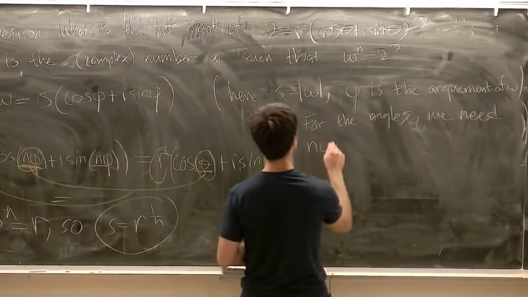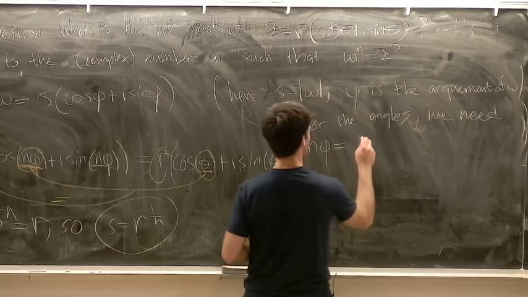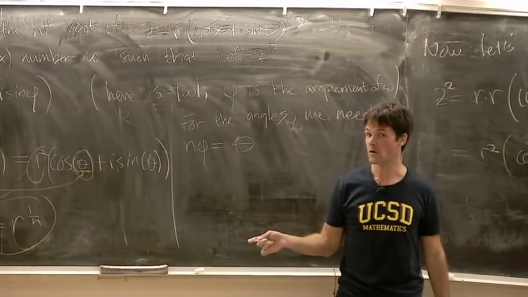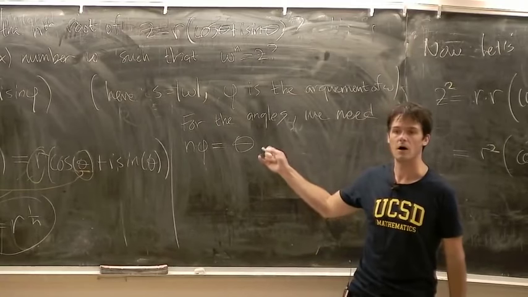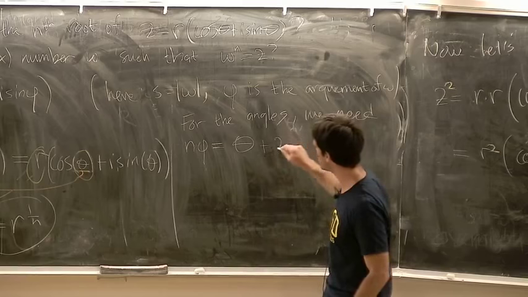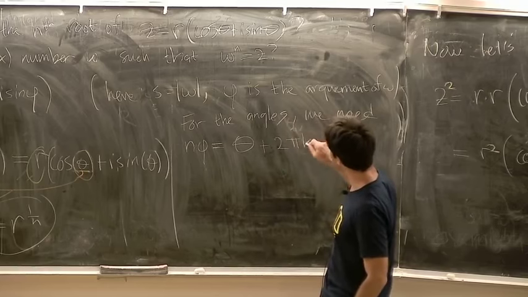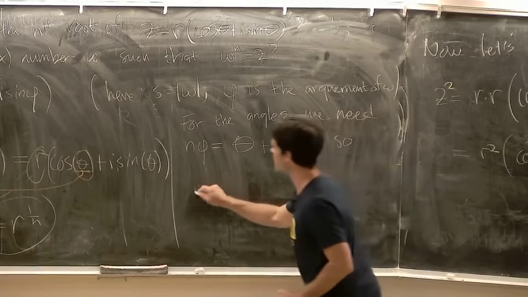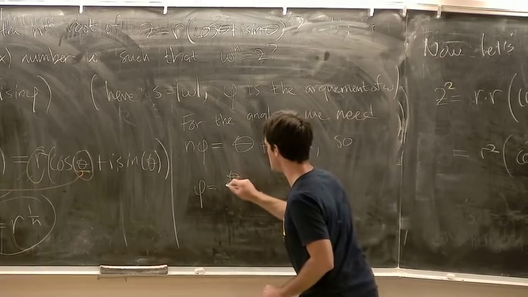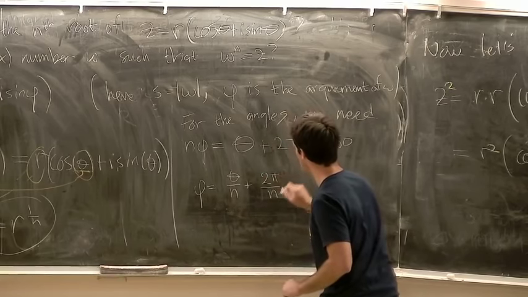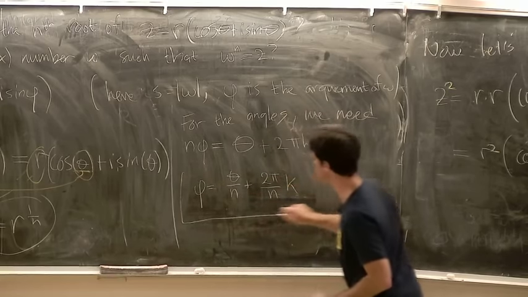So we need n times phi to be equal to theta, or any multiple of 2 pi difference of theta. That's the crucial part here. So plus 2 pi k. So phi is theta over n plus 2 pi over n times k.